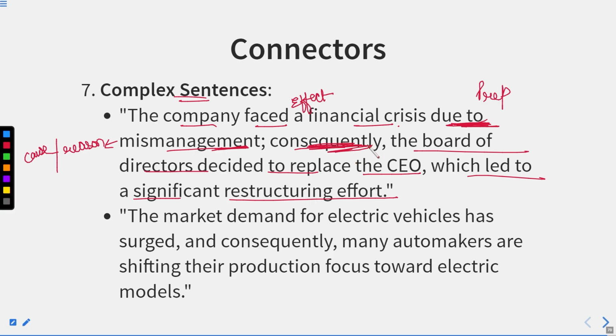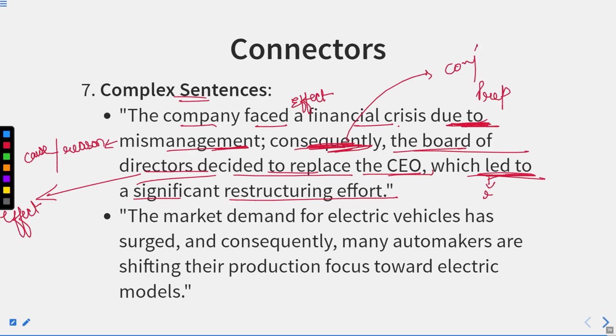Consequently is a connector, or you can say conjunction. The board of directors decided to replace the CEO. So this is again the effect or the result of this whole situation. Decided to replace the CEO, which led to, now this is again a result. So in the same sentence, we can see various results that occur simultaneously because of something else that has happened.